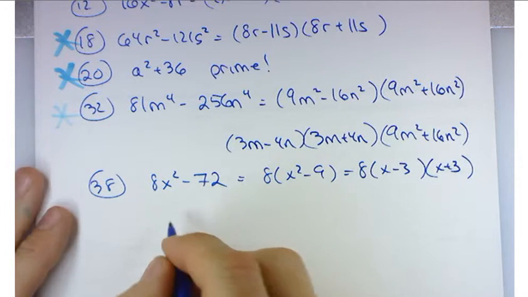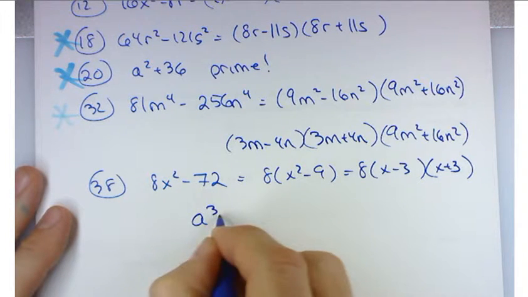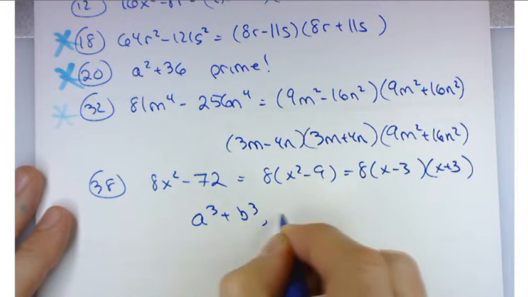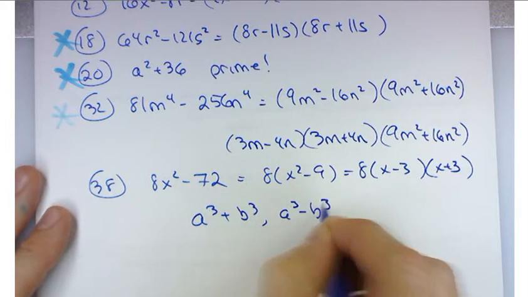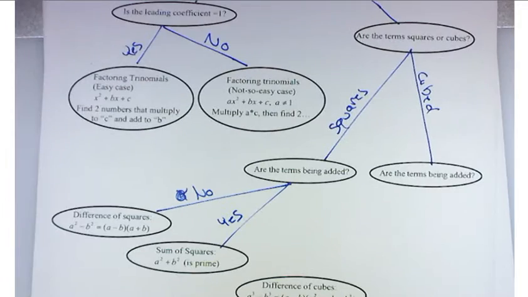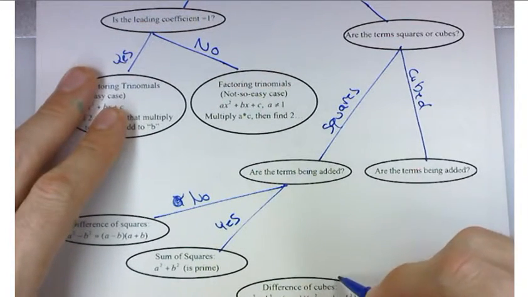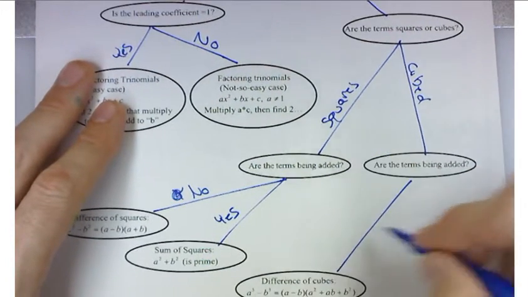There's also the sum and difference of cubes. So a cubed plus b cubed, or a cubed minus b cubed. So we're going to have to factor these as well. Back on your handout, what you should be thinking of is kind of a diagram here. Are the terms being added?